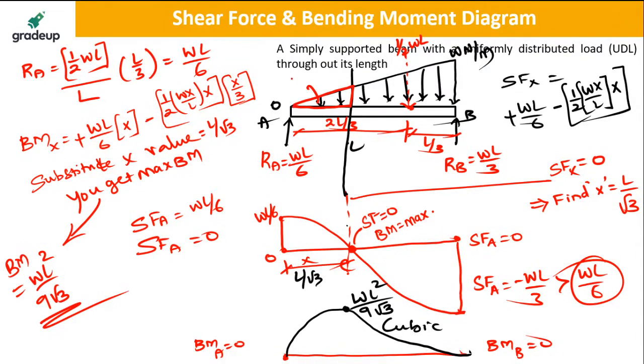So the area of the triangle is half WX by L into x, right? And this value is equal to 0. So from this, x is equal to L by root 3. Shear force at x is 0, and at L by root 3 the bending moment is maximum. So substitute this L by root 3 in this equation, you will get the maximum bending moment. Is this clear now?